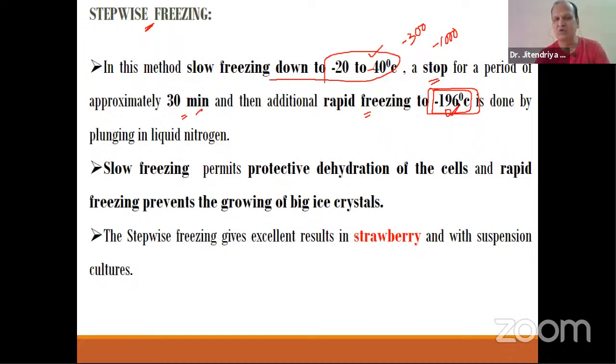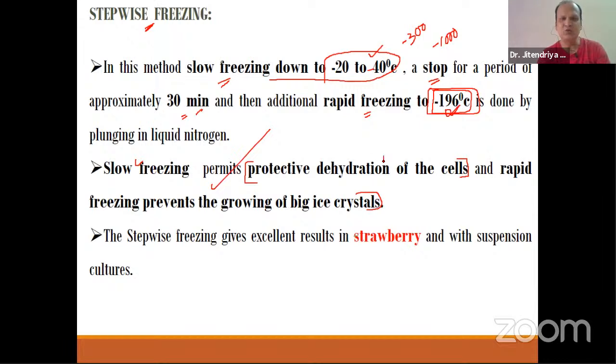Okay. So if you are going for the slow freezing, then it permits the protective dehydration of the cells, but rapid freezing mostly prevents the growing of the ice crystals. So in a case, why are we going for slow freezing?